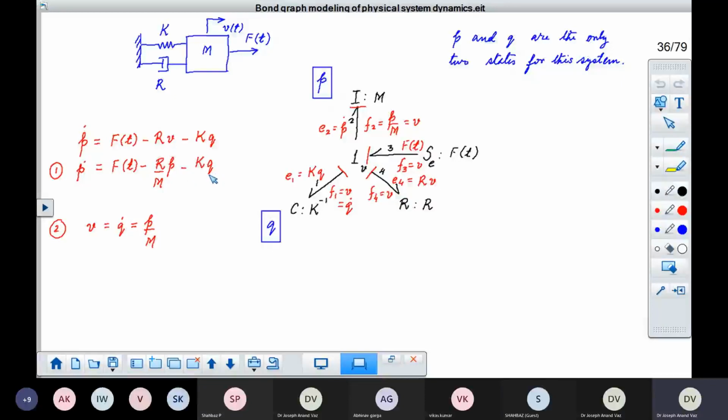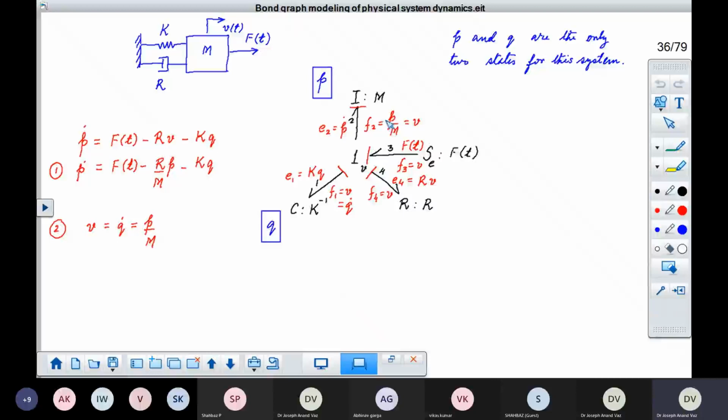P and Q are the states. R, M, K are parameters. And this velocity V is equal to Q dot, and that is equal to P upon M. That is the second equation.